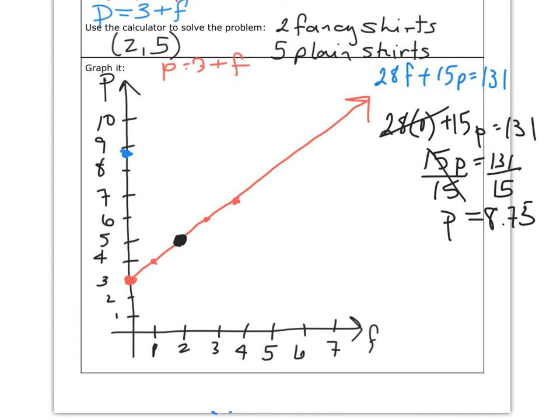So I'm going to say 28 times fancy shirts plus 15 times 0 equals 131. 15 times 0 is eliminated, so I have 28F equals 131.